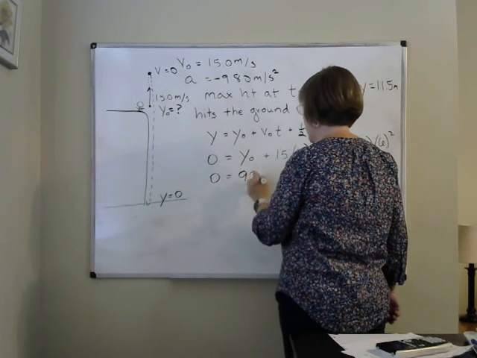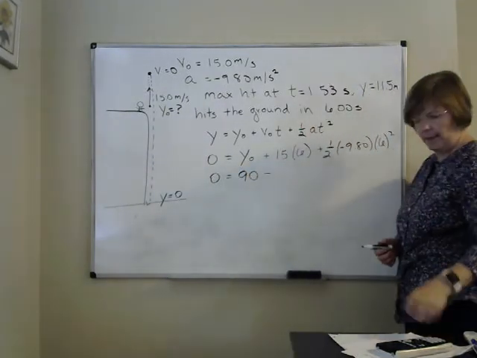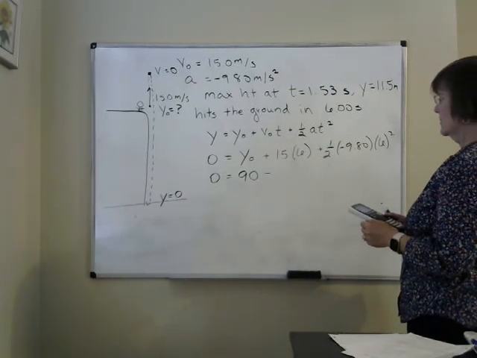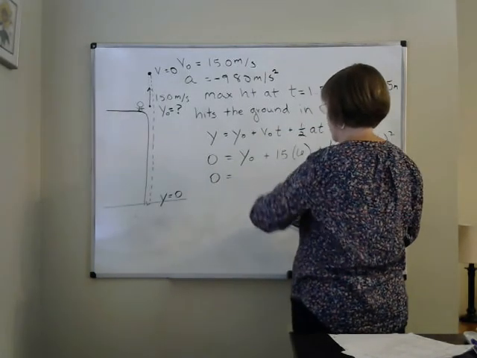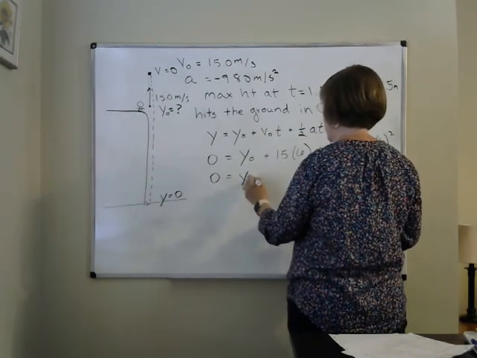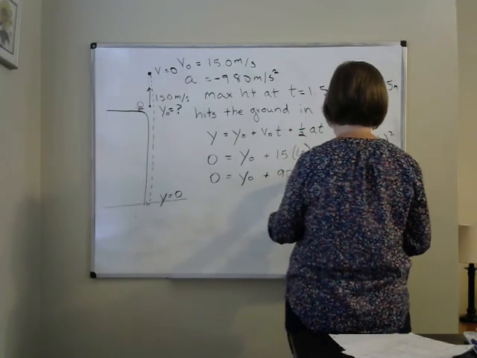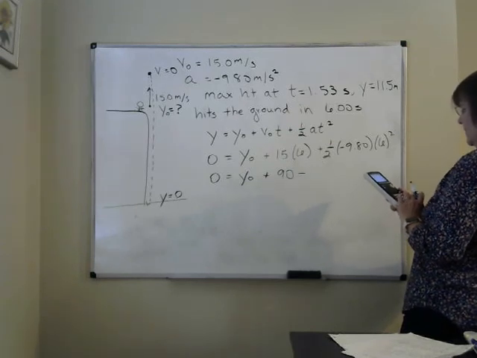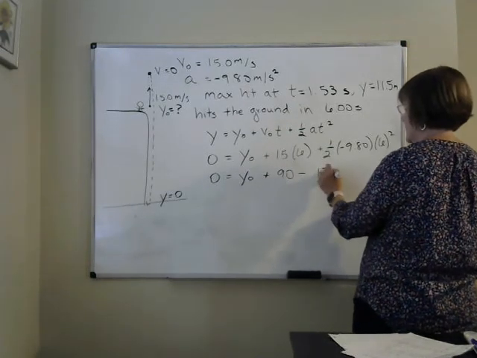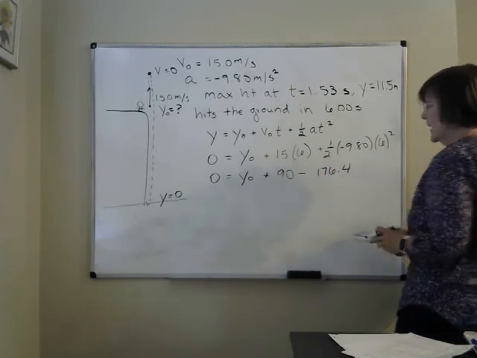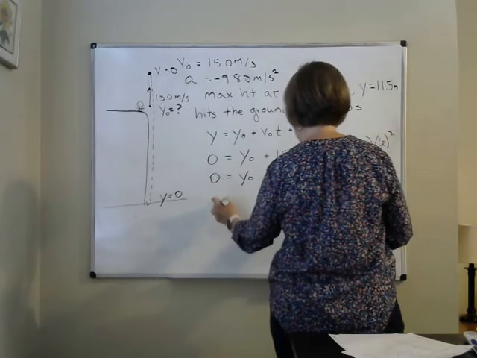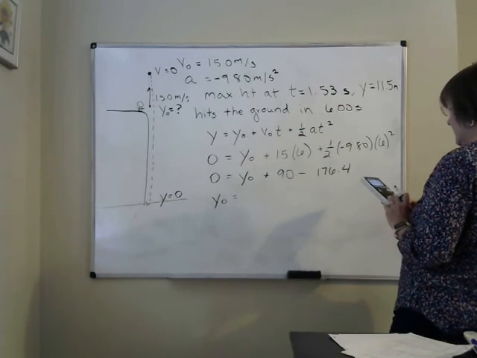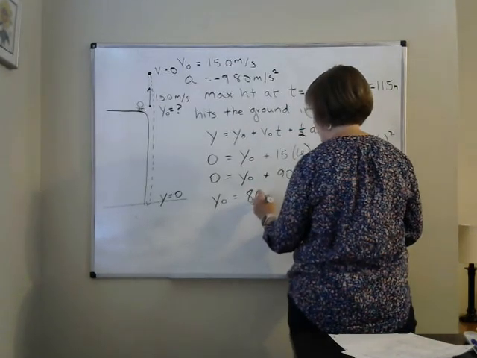15 times 6 is 90. I left out my y0. y0 plus 90 minus 176.4, and I can quickly find out that y0 equals 176.4 minus 90, 86.4 meters.